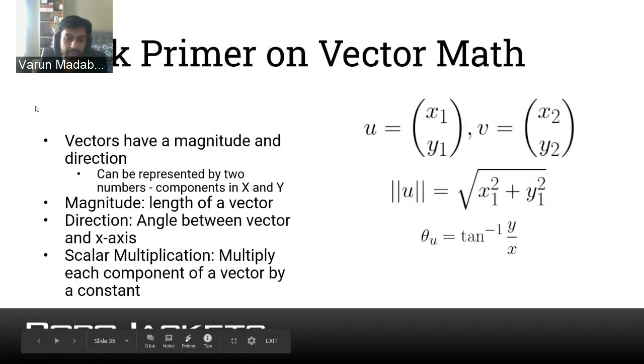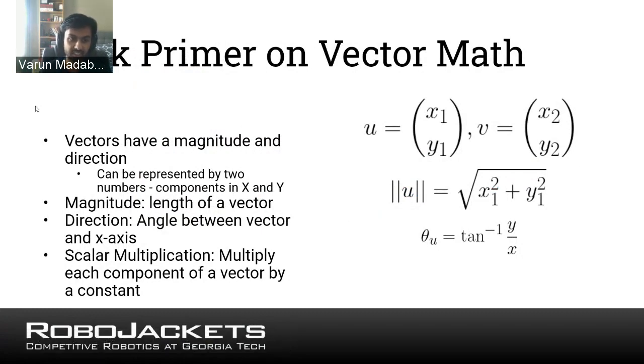In order to understand pure pursuit control, it's helpful to understand a mathematical concept called vectors. Vectors might look complicated, but they're actually very straightforward. Every vector is just a pair of numbers, or at least every 2-dimensional vector is a pair of numbers. Let's say that you had two vectors u and v that are notated as having an x and a y: x1, y1, and x2, y2.